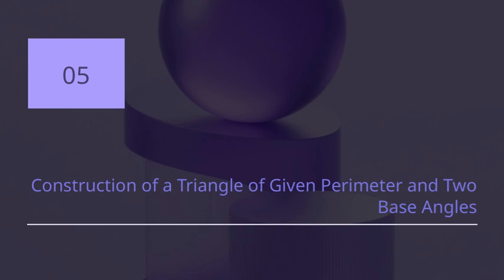This construction highlights how interconnected angles and side lengths are in triangle geometry. It also demonstrates the power of combining different elements, angles, side ratios, and the perimeter, to accurately construct a specific triangle. Throughout this process, visualization and careful application of geometric principles are key to ensuring the construction is precise.